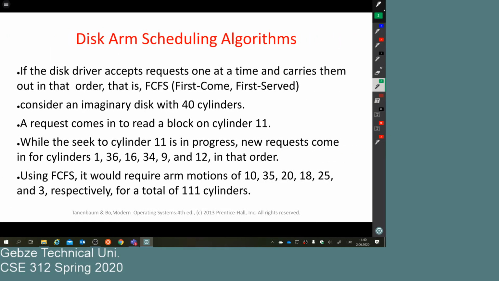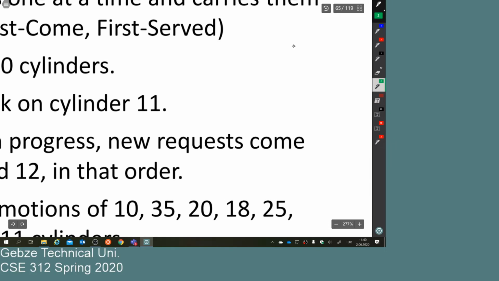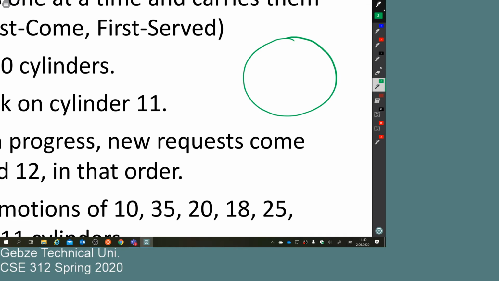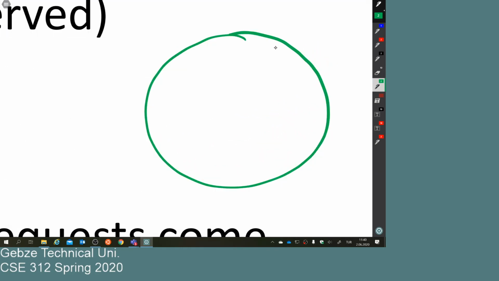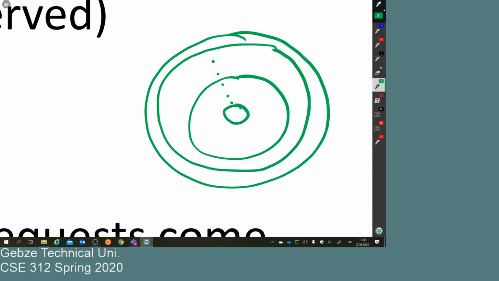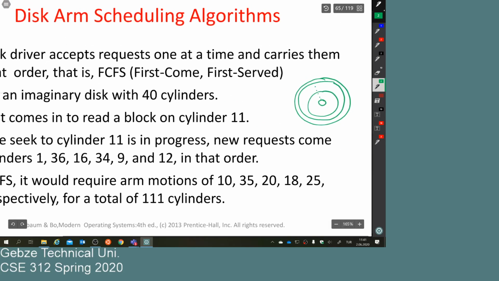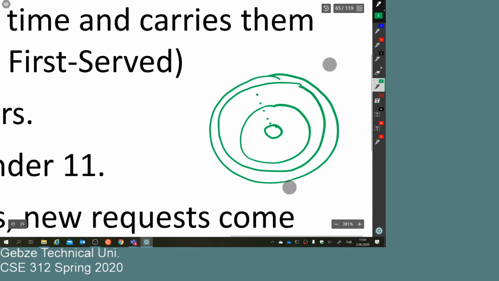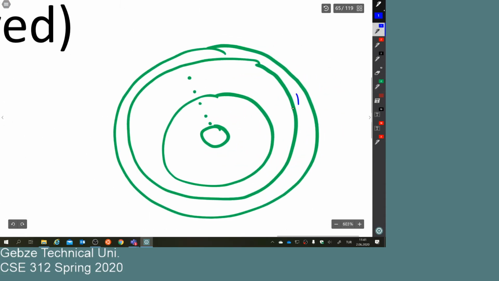Let's say I have a disk with 40 cylinders, with track number 0 to track number 40. This is track number 1, and this is track number 40.